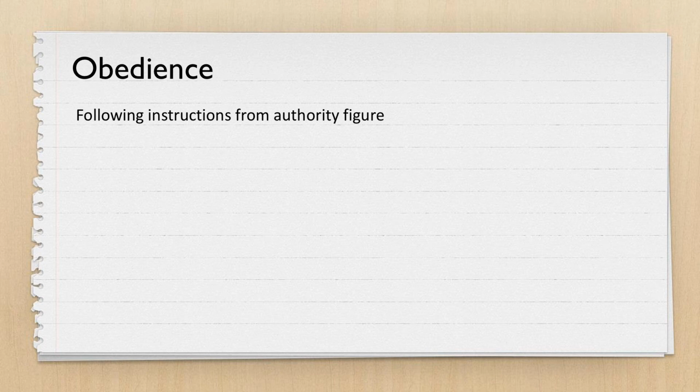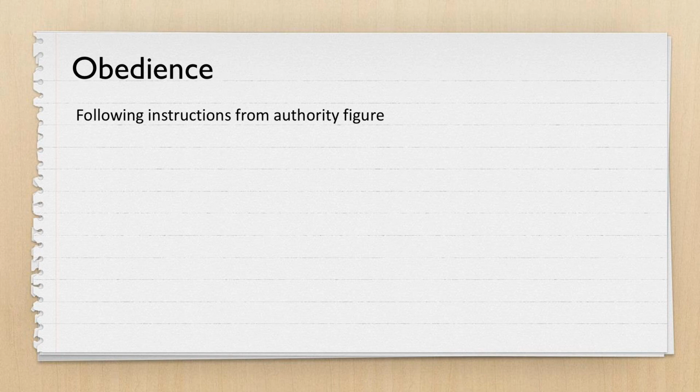So now we have learned about how other people can influence our behavior in situations where there is no real pressure for us to change our behavior. Let's move on to talk about situations in which there is pressure to change our behavior. Pressure from a leader or an authority to obey. So we said earlier that obedience occurs as the result of pressure from an authority figure or a leader.